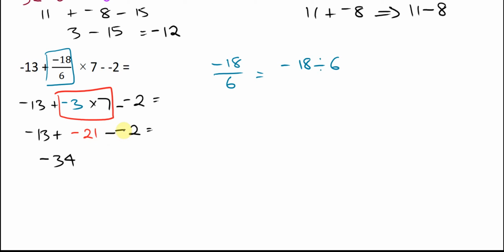Subtracting a negative number is the same as adding its opposite. So -34 plus 2, imagine your number line sitting at -34 on the number line, then adding 2 to it. You'll move off 2 steps to the right, so you should end up at -32.